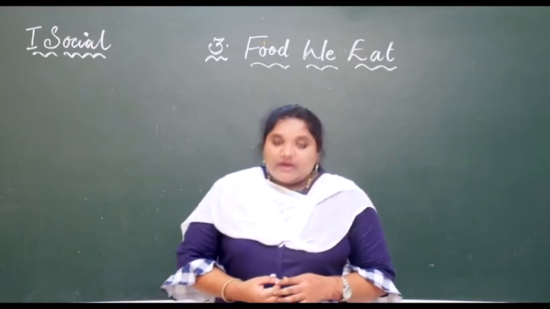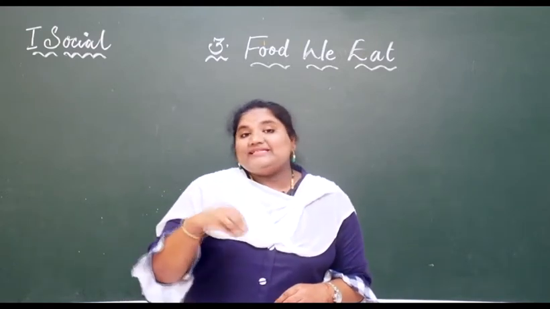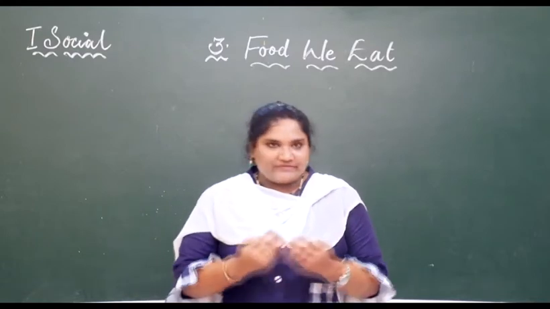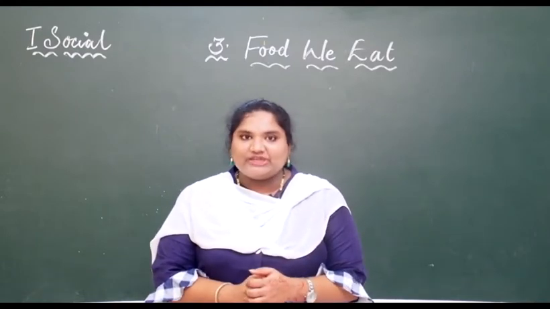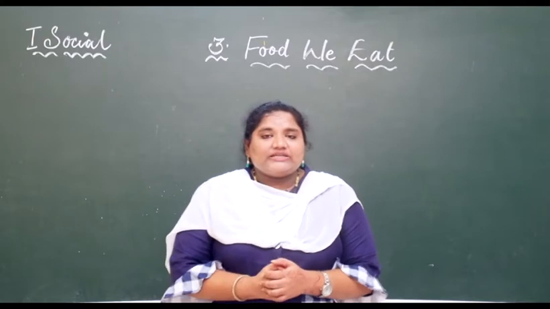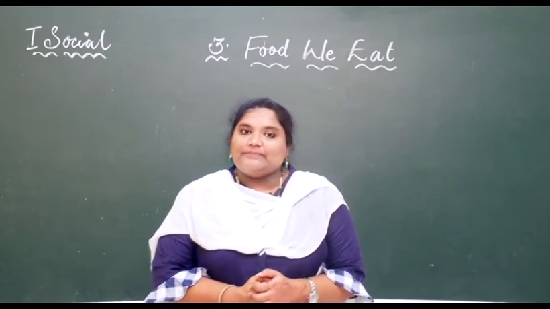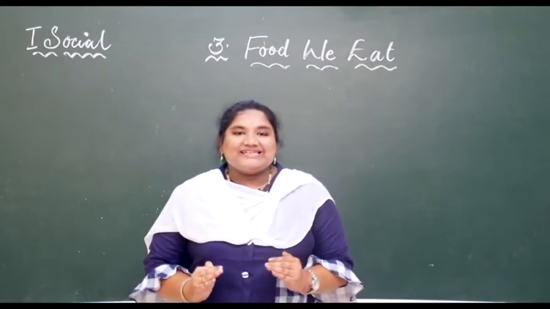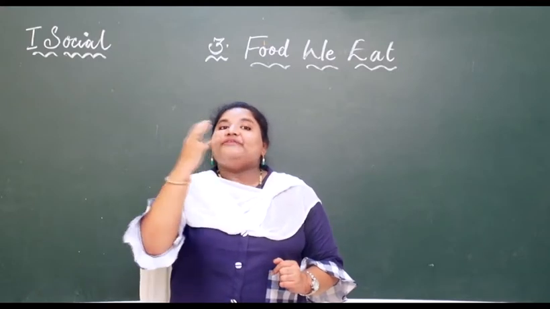Okay, then what do babies eat? We have small babies. You might have siblings in your home. What do they eat? What is the food for the babies? The food for the babies is milk. They drink milk.